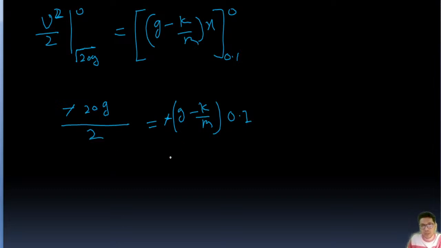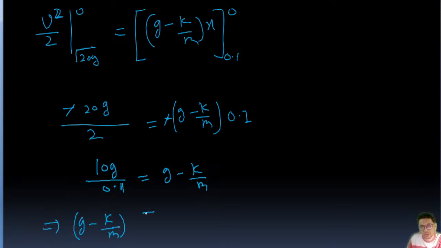And this is going to be 10g upon 0.1 equal to g minus k upon m. This implies g minus k upon m, this is the deceleration, and this is going to be 100g. Okay, this is the answer.